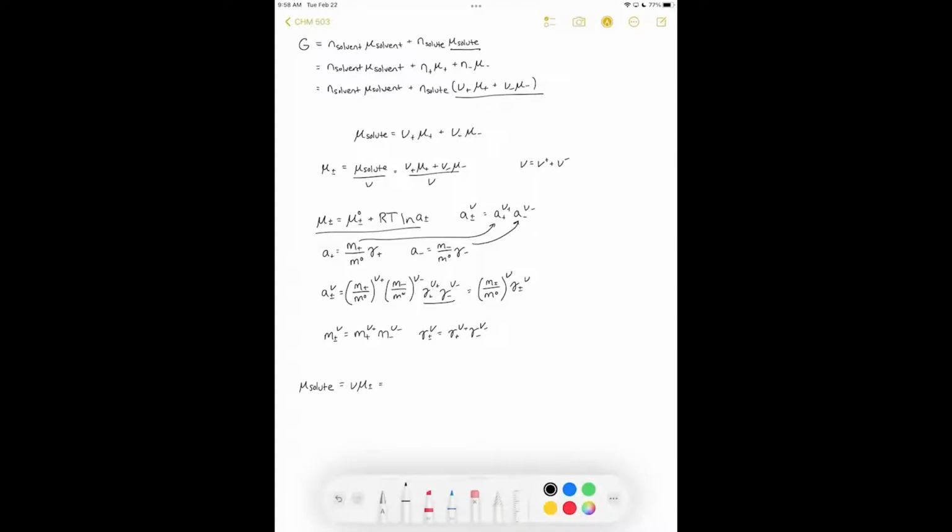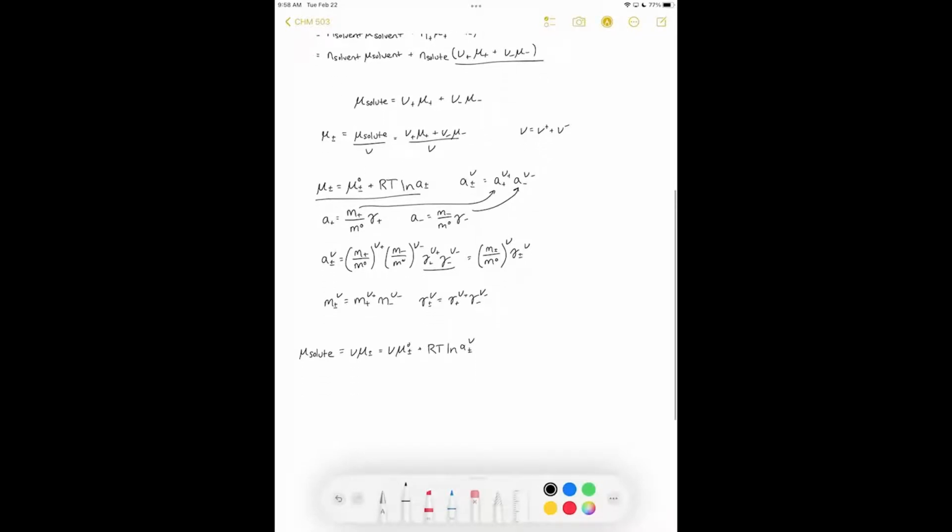So this gives us nu times a standard mean ionic chemical potential plus RT natural log of a plus minus raised to the nu. We know that a plus minus raised to the nu can be rewritten in terms of molality. So we'll go ahead and do that.